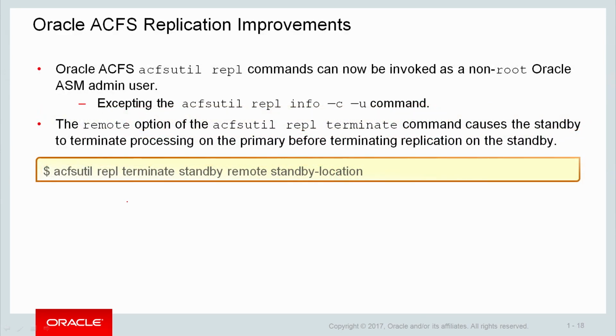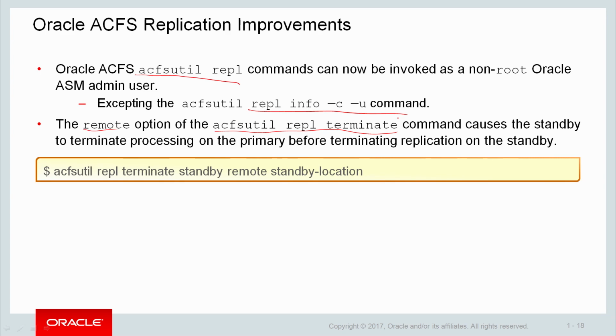A couple of improvements for ACFS replication. The Oracle acfsutil repl command can now be invoked as a non-root Oracle ASM admin user. The exception to this is the replication info -c -u command. Now, the remote option of the acfsutil repl terminate command can be used.